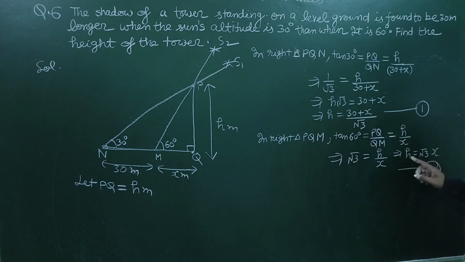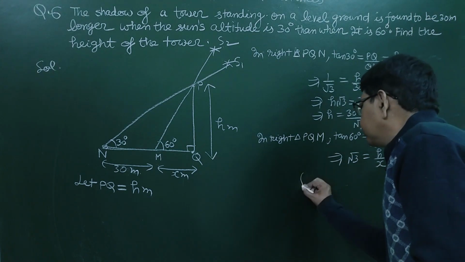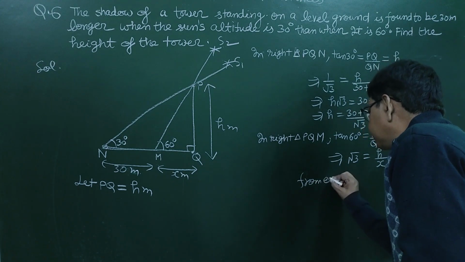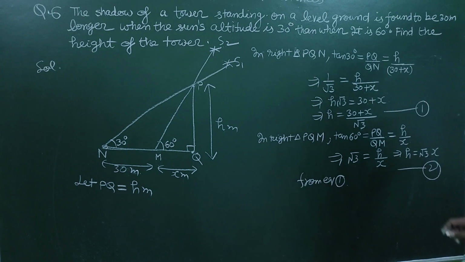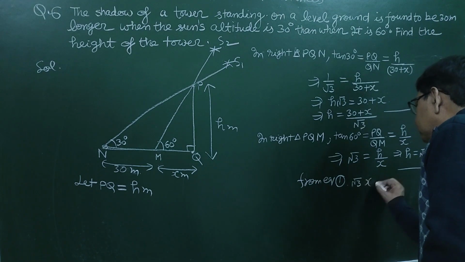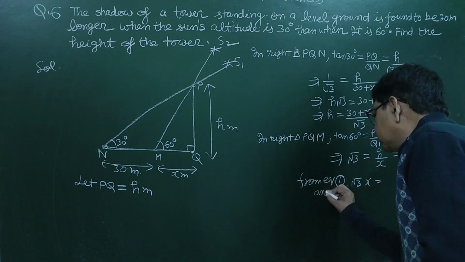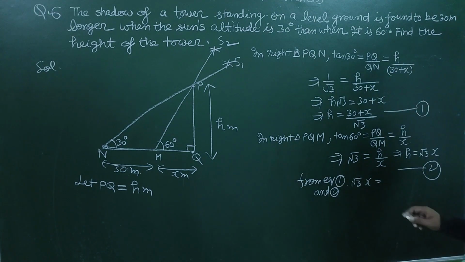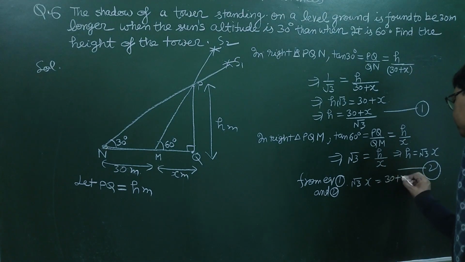Now if we equate these two values of h, then we can get the value of x. Substituting the value of h from equation 2 in equation 1, root 3x is equal to 30 plus x upon root 3.